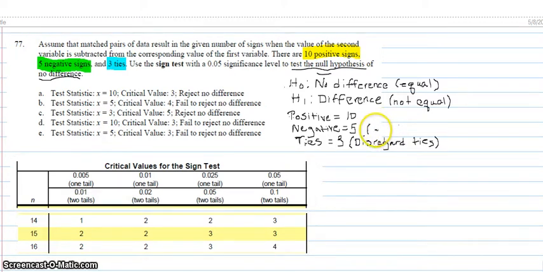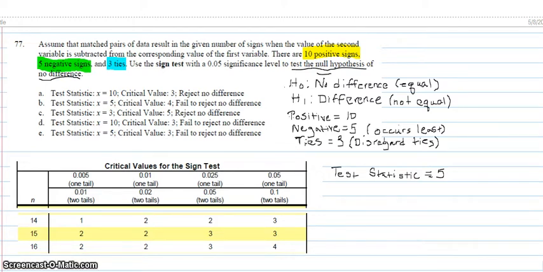This occurs the least, so that's our test statistic, because remember, we disregard ties. Okay, so we know the test statistic.